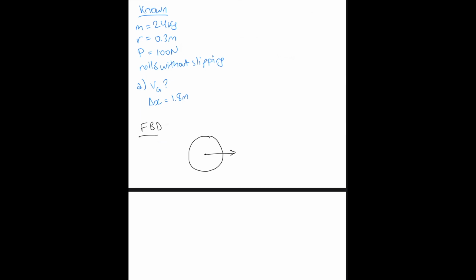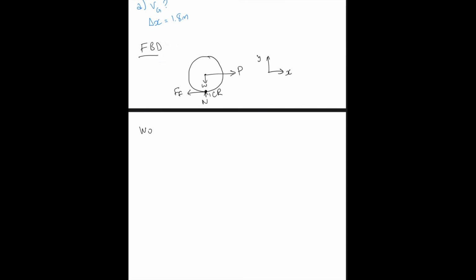This is our G, and our force P, our weight pointing down. At this point, we've got our friction force and our normal force. This point over here is going to be our instantaneous center of rotation. These are our y and x axes.